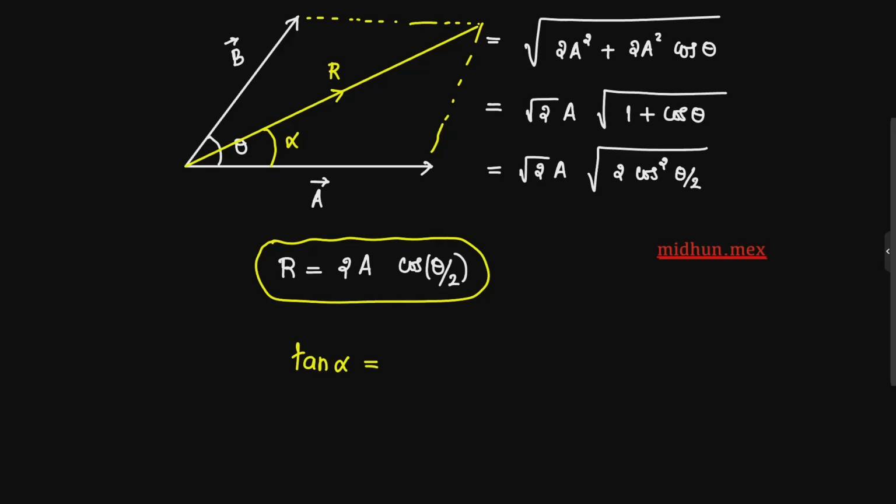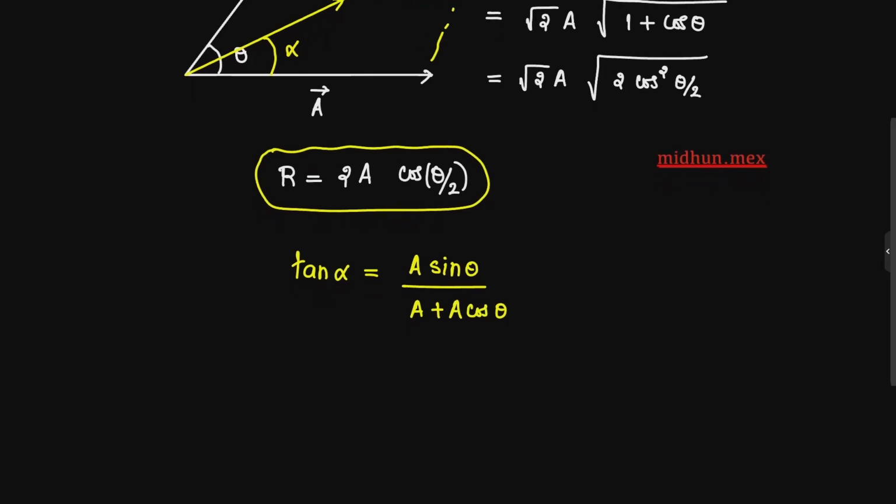Already we know the formula: b sin theta by a plus b cos theta, but here b is a. Here a you can cancel from numerator and denominator. So the numerator only has sin theta, and the denominator will have 1 plus cos theta.